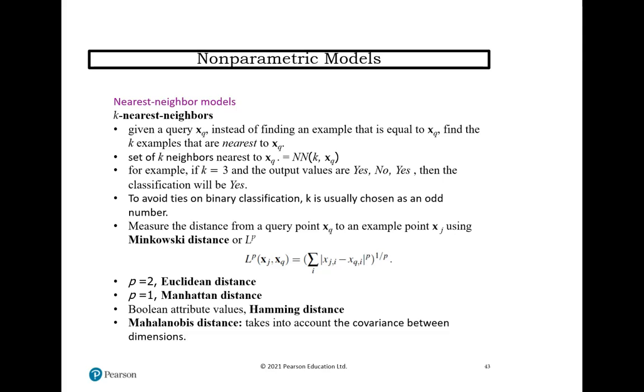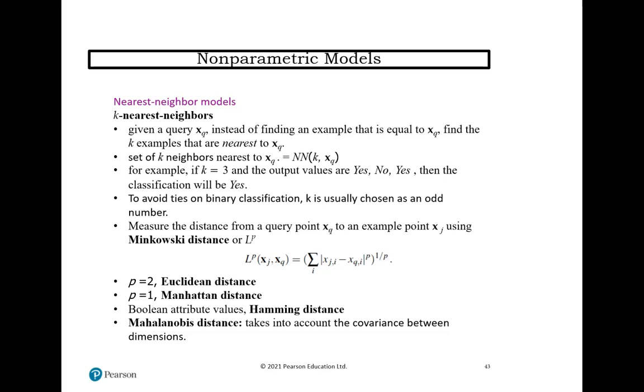So given a query xq, you're interested in finding the output for xq, but xq is not in your table. So you're going to try to find values that are as near as possible to xq in the table, see what the output is for these values, and take their average.